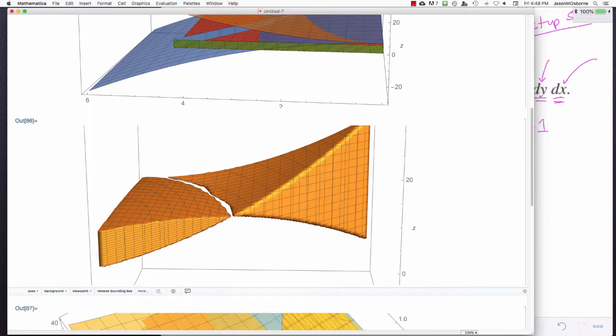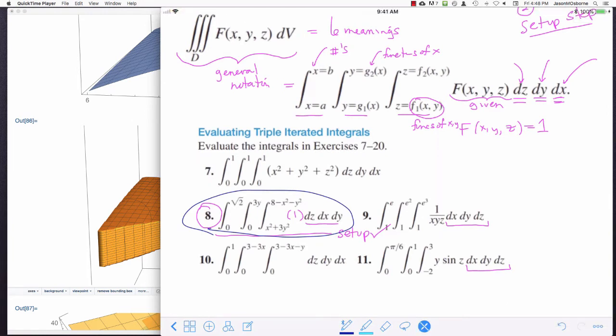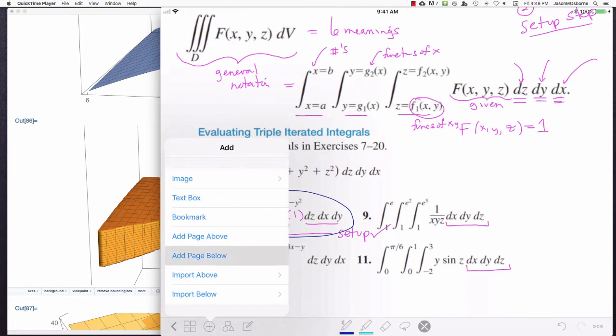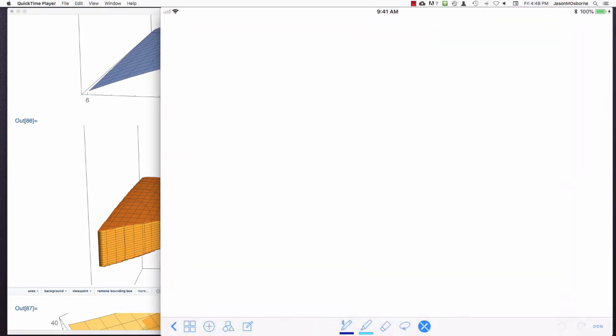So one hint at what we're going to have to be careful about, on that page below, is the fact that if you look at the two z values that were given, z was equal to x squared plus 3y squared, and also z was given as 8 minus x squared minus y squared.